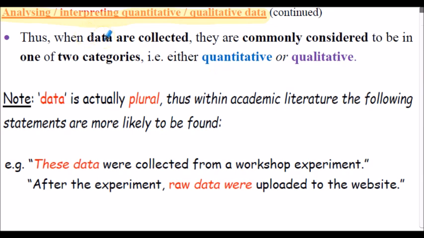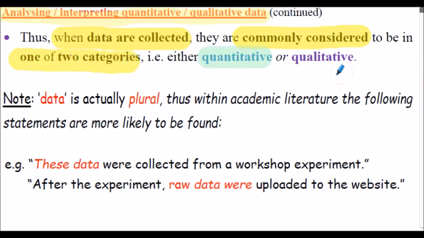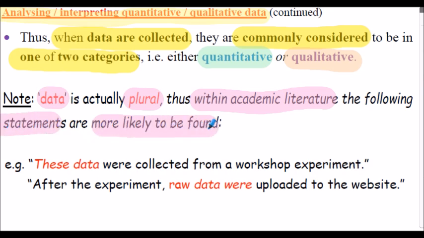So in essence, when data are collected, they are commonly considered to be in one of two categories, either quantitative or qualitative. And just note as a point of interest, the word data is actually plural. So within academic literature, the following statements are more likely to be found.